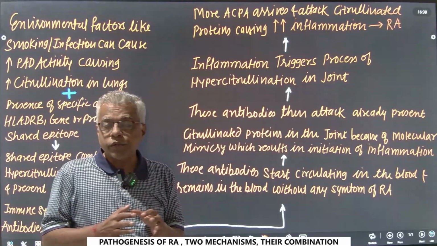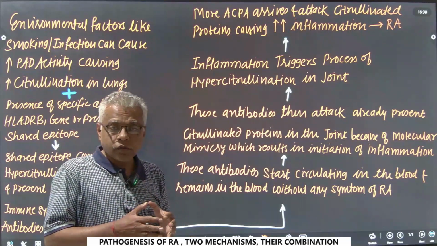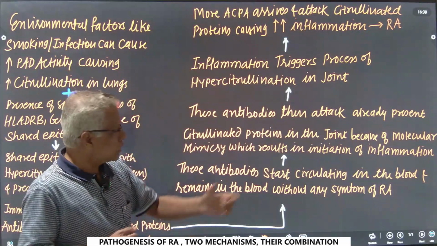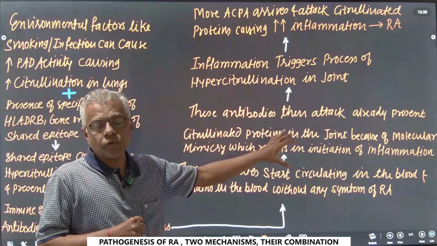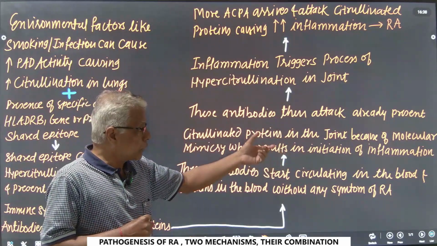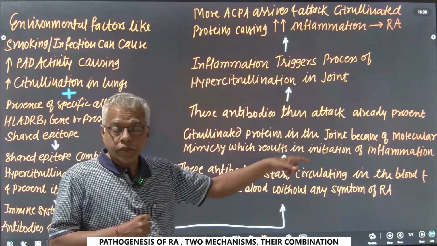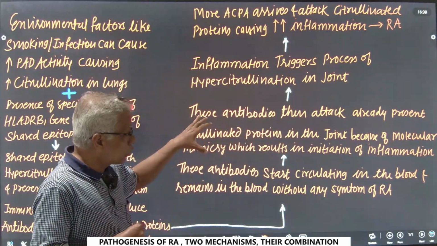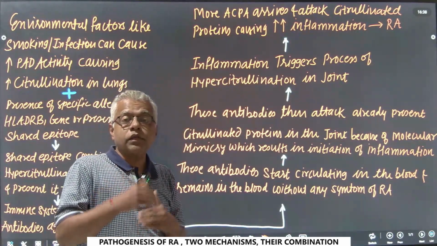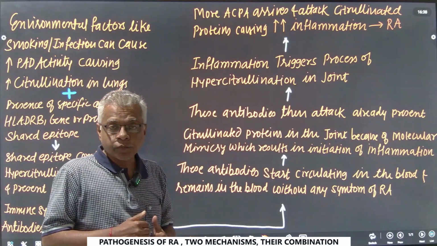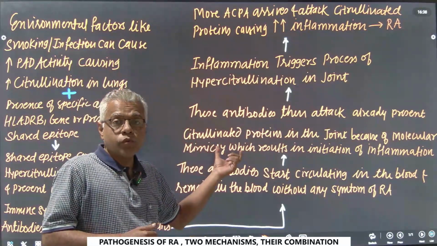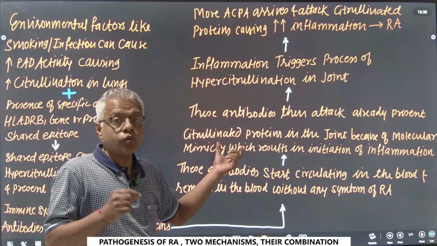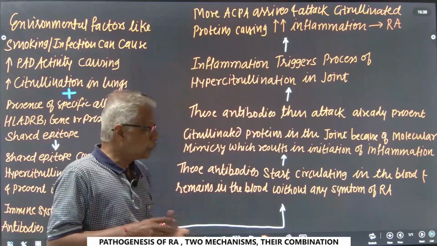These citrullinated proteins which are there in the lungs, the same citrullinated proteins are present in the joint, but here they are the physiologically citrullinated proteins, but because of the molecular mimicry, these antibodies which are circulating in the blood attack these physiologically formed citrullinated proteins.